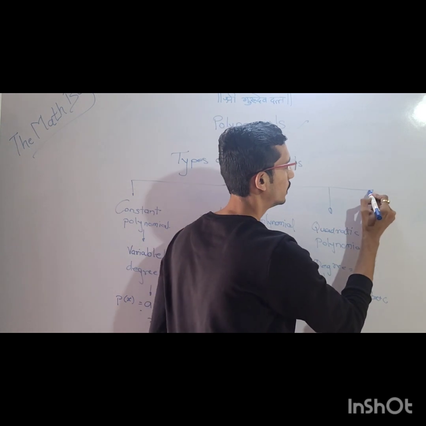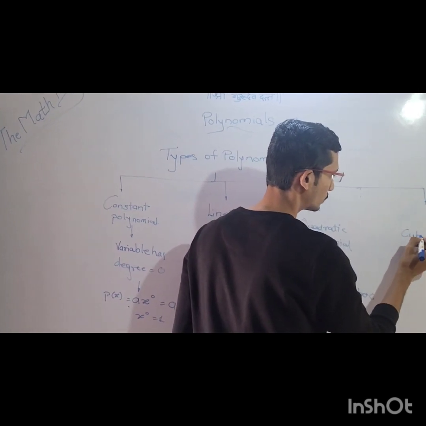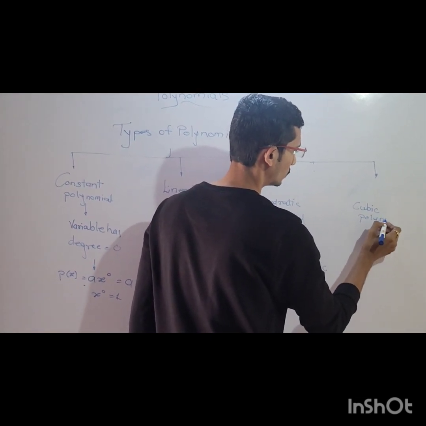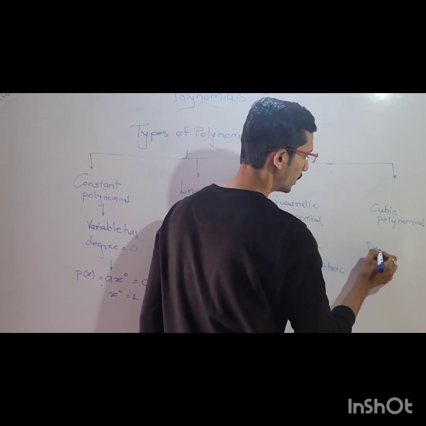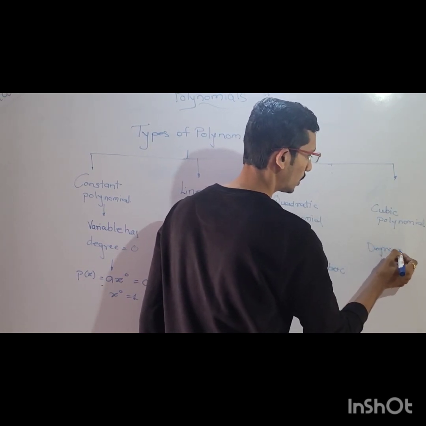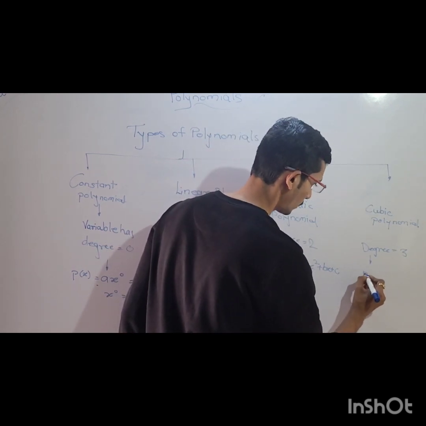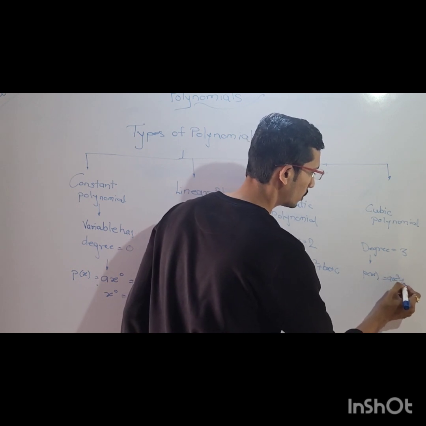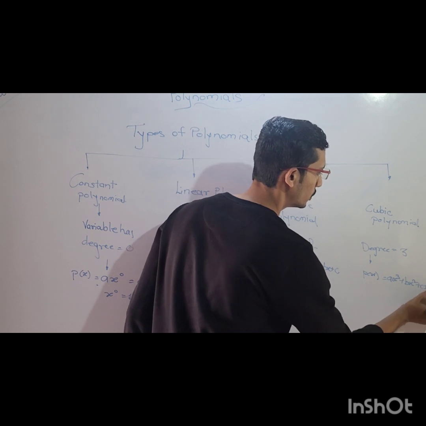And the last one is the cubic polynomial, that has degree equal to 3. So p of x equals ax cube plus bx square plus cx plus d.